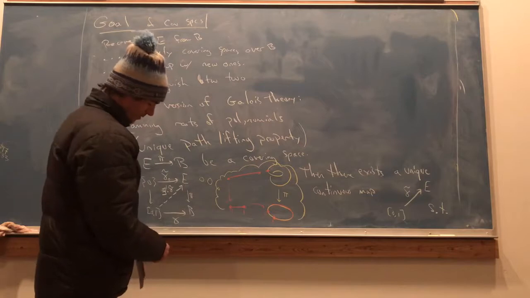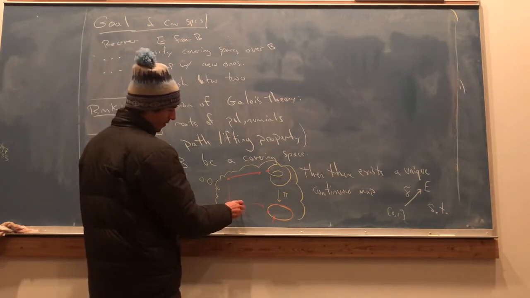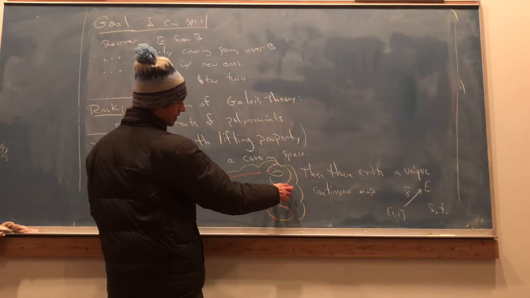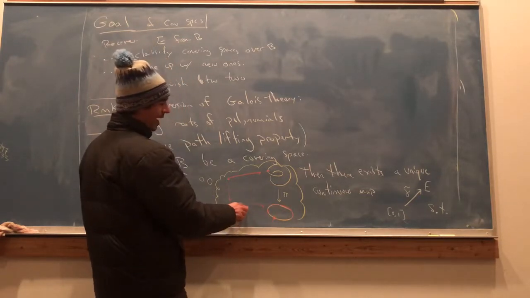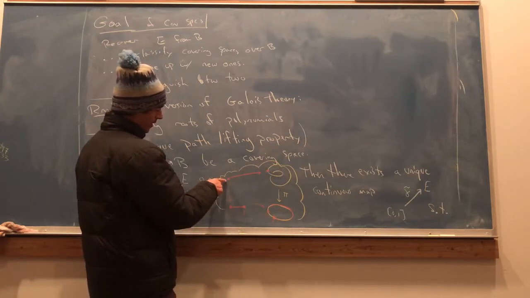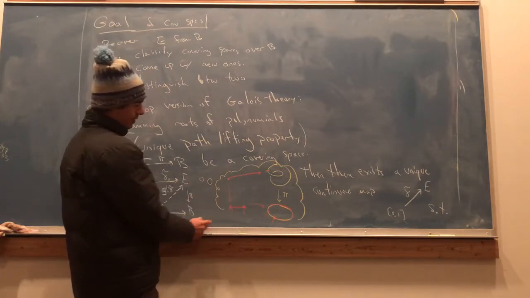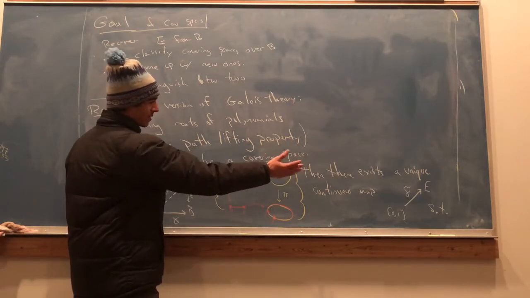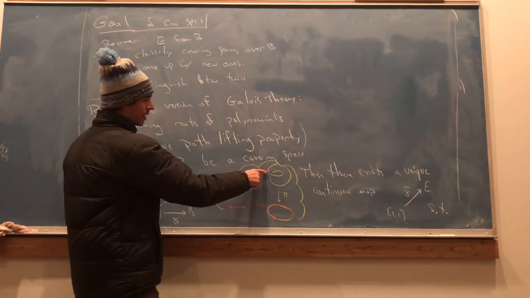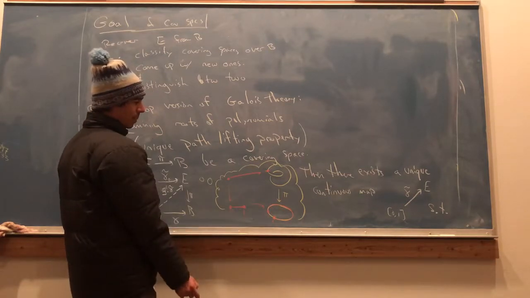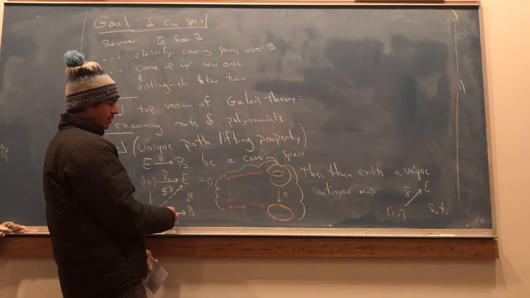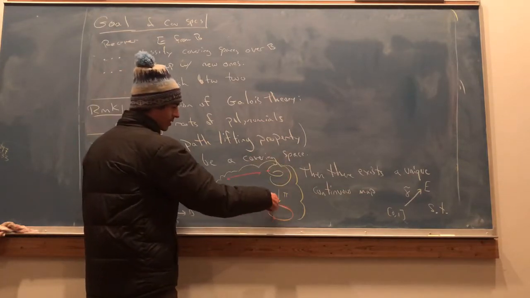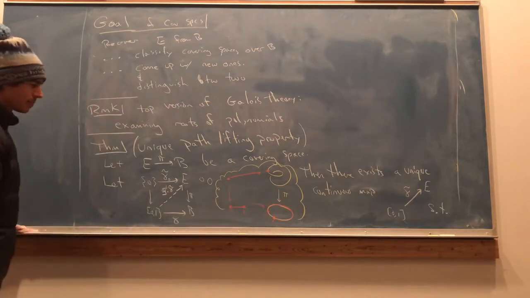I'll draw it in pictures. In other words, there's a continuous map from this interval into this topological space. In other words, a path in here. Now, to demand that this upper triangle commutes is to demand that the path selected out by this gamma tilde starts at the already selected point in capital E. To say the bottom triangle commutes is to say that that path projects down to the given path already specified in the base.